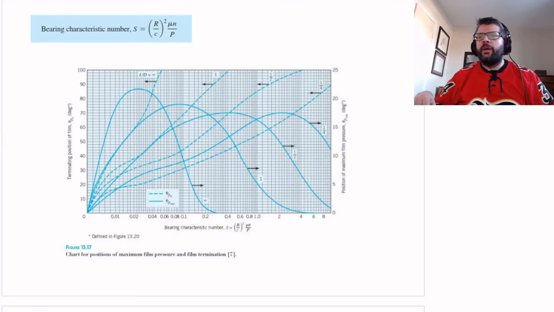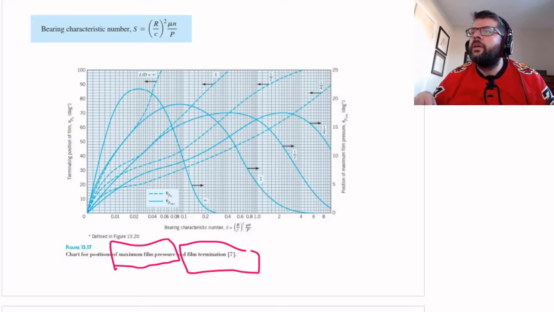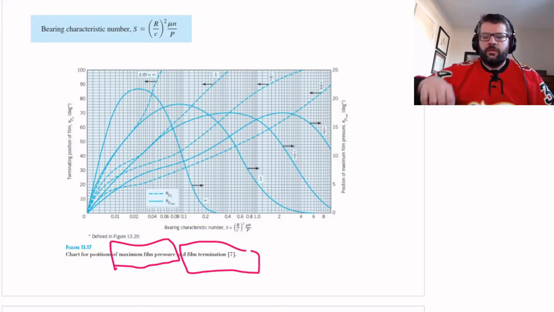Next up, the maximum film pressure location and the film termination. Let me zoom in real quick here.